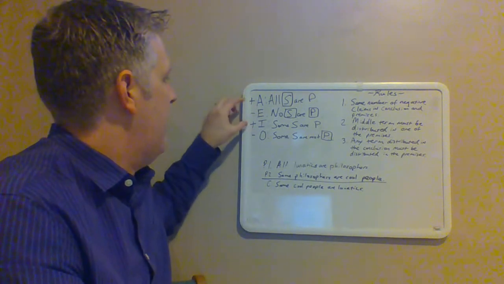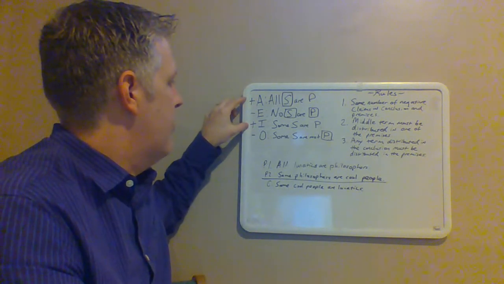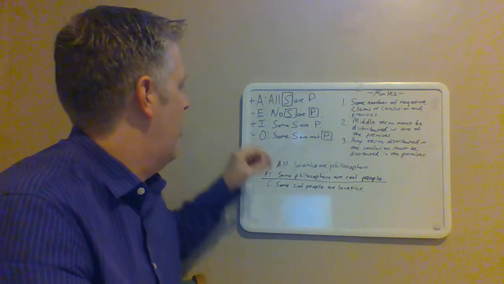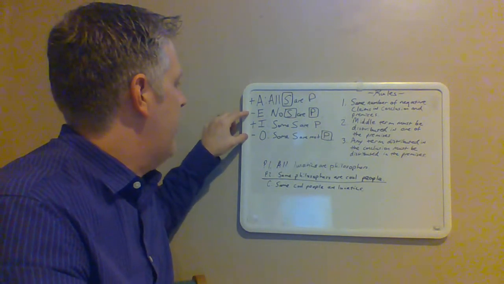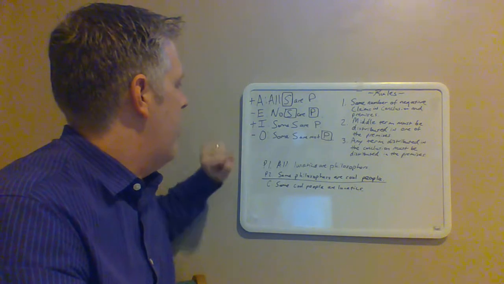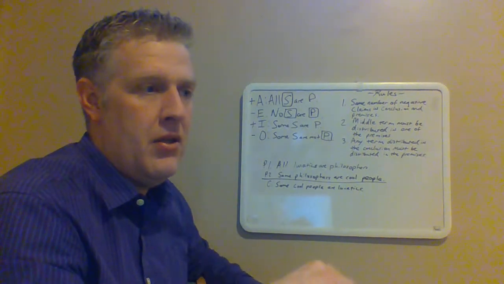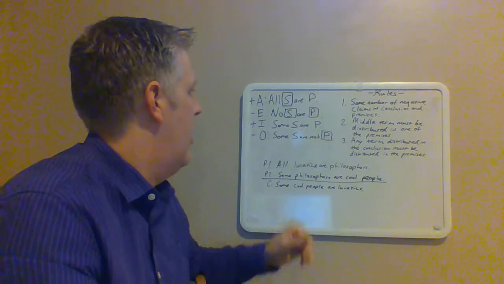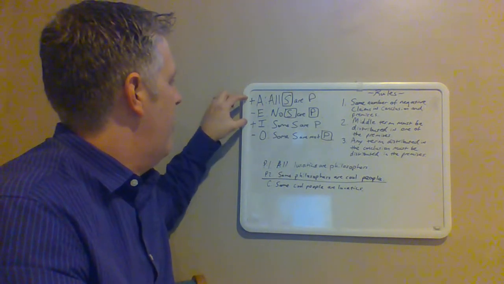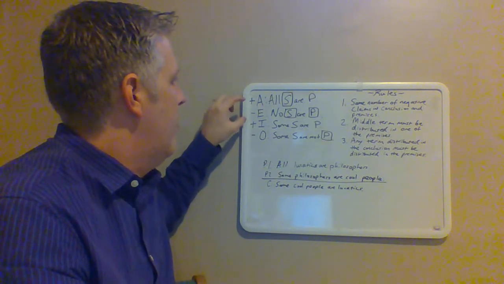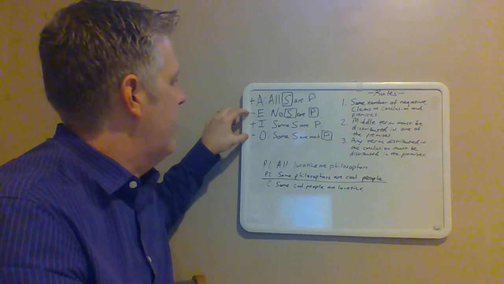So specifically, A and I claims are affirmative claims. They're inclusive, whereas E and O claims are negative claims. They are excluding, right? Something is not something, or no something or other. So we have the idea of affirmative and negative. You're going to want to remember that, affirmative claims and negative claims, okay?